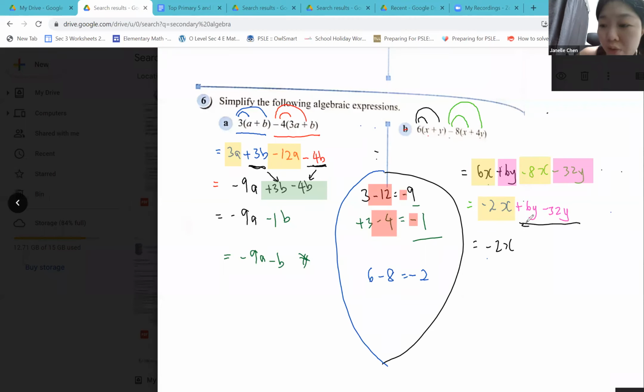Here I'm going to solve: similarly, I have 6 minus 32. Same thing, my minus is bigger because minus 32, so my final answer will still be minus. The difference between 32 and 6 is 26. So I get minus 26 here, and then remember to put the y. So that's basically my final answer.